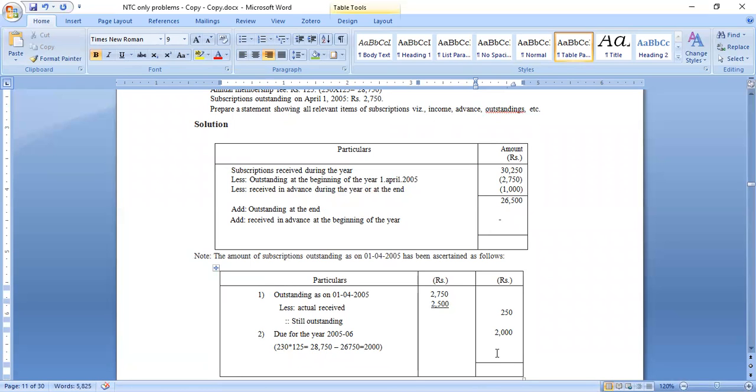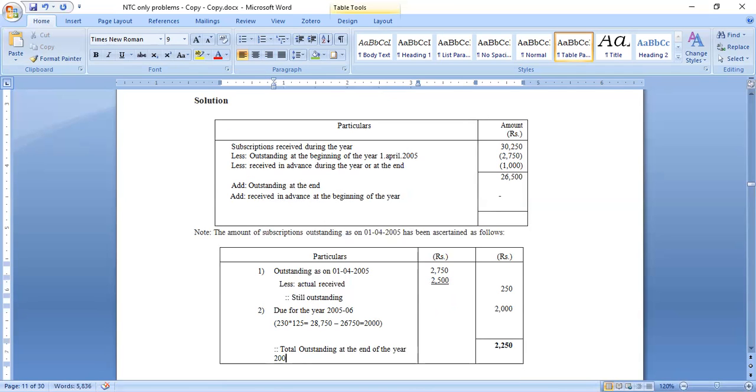So 2250 is the total outstanding at the end of the year, 2000.